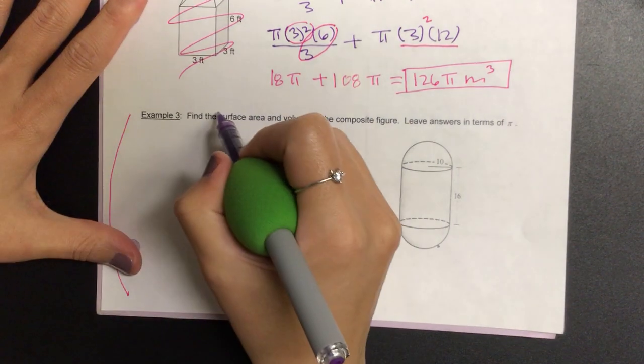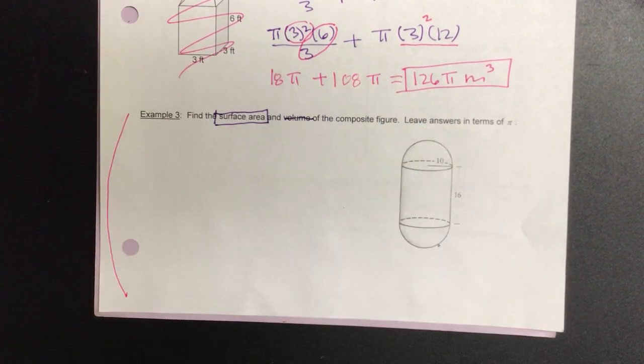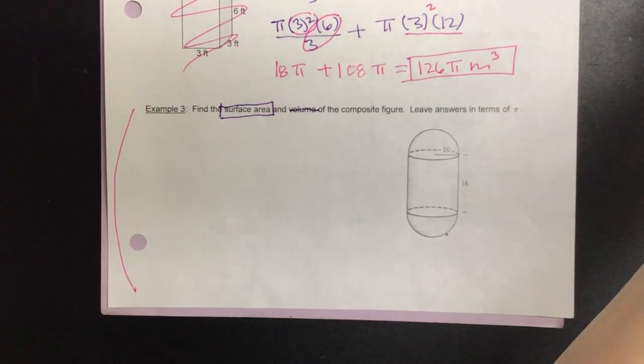I want you to just find the surface area. You should find the volume, but I'm going to hope that you understood the second part of number 1. Yeah, you find the whole sphere because it's two sides. Only find the surface area. Will you write it? And when you're done, it goes in the basket.